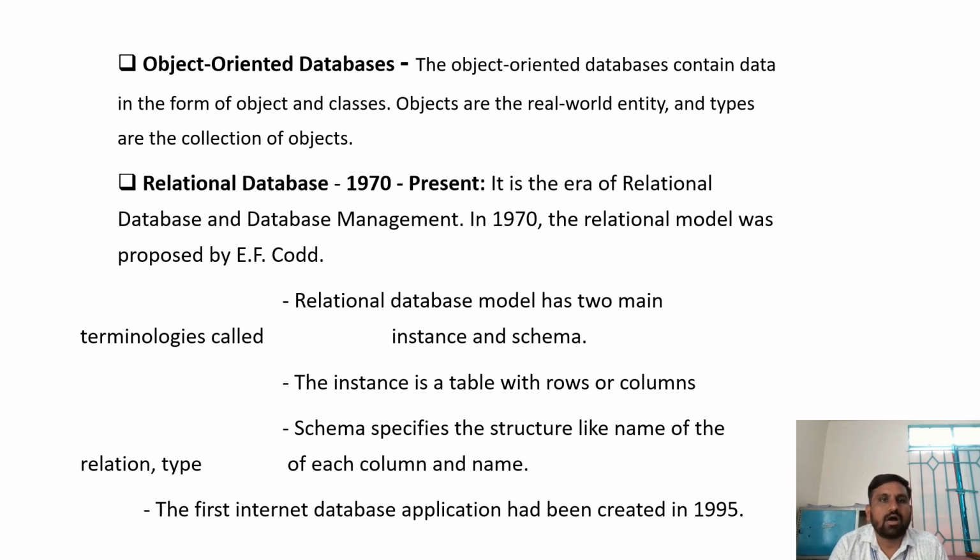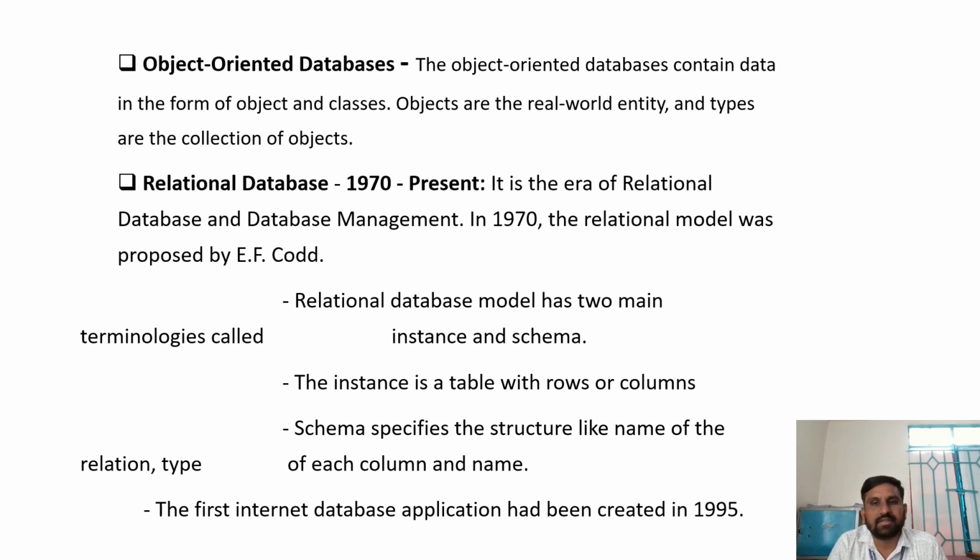Next one, object-oriented databases. Object-oriented databases contain data in the form of objects and classes. Objects are real-world entities and the types are the collection of objects. Relational database. From 1970 to the present, it is the era of relational database and database management.